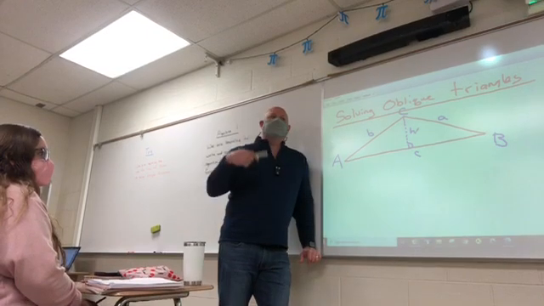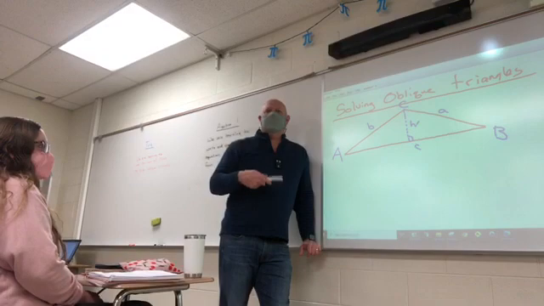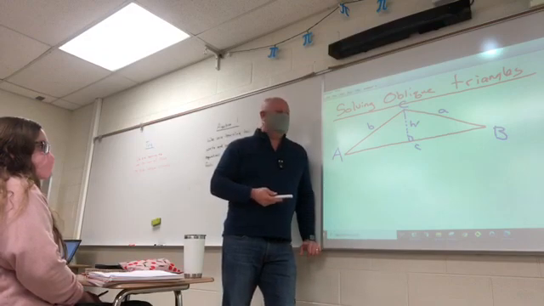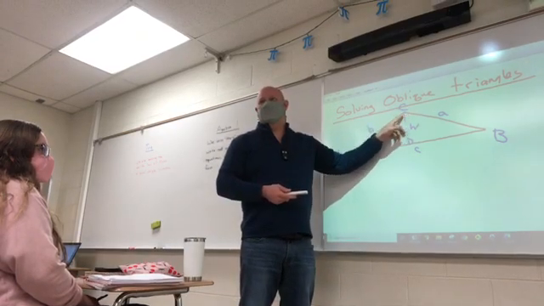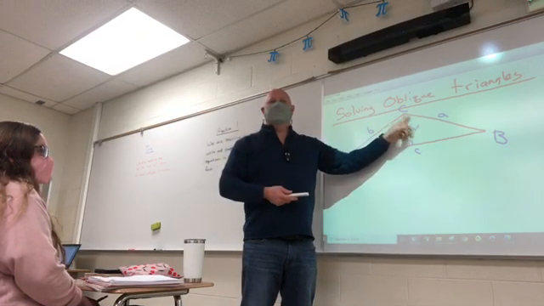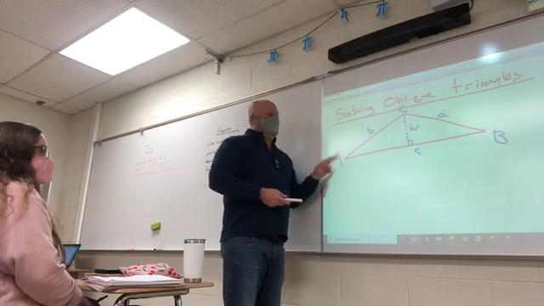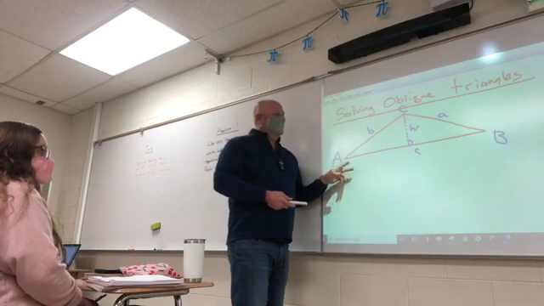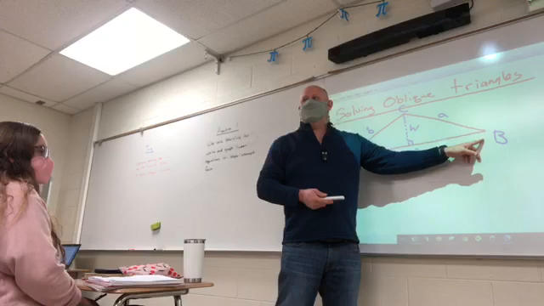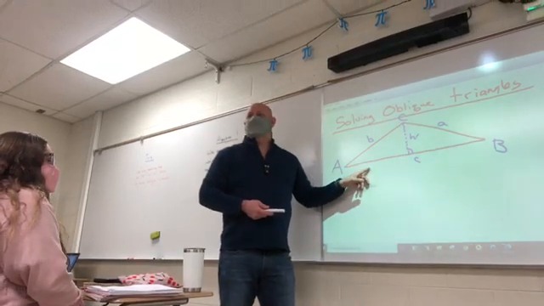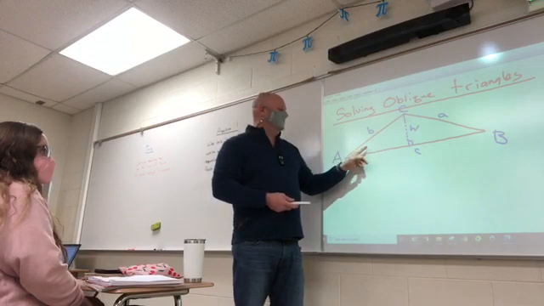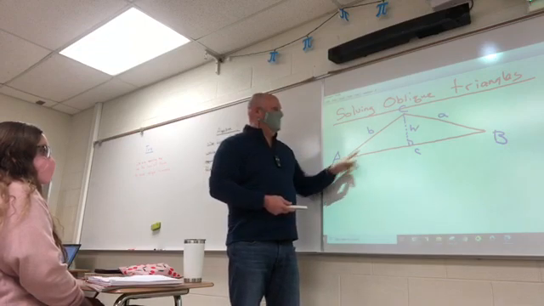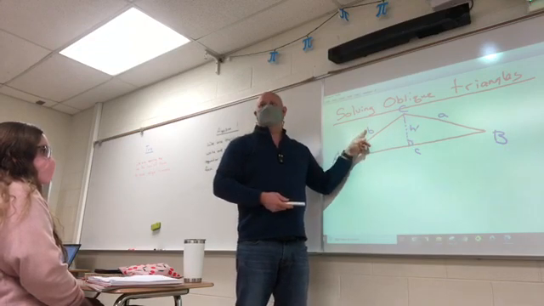Can I build a trig relationship with that H using SOHCAHTOA? I'm not going to use angle C, because angle C got cut here, so let's use angle A. Am I going to want to use side C? Probably not, because that got cut too. So the only two sides I really have with angle A are this H and the B.